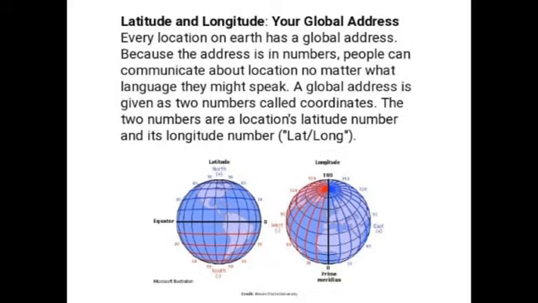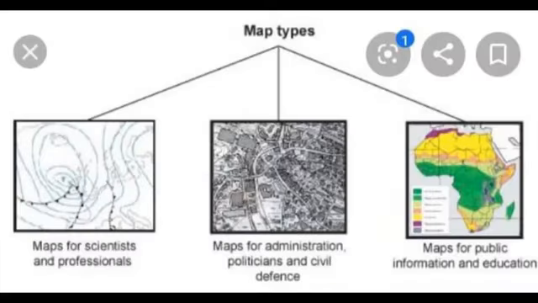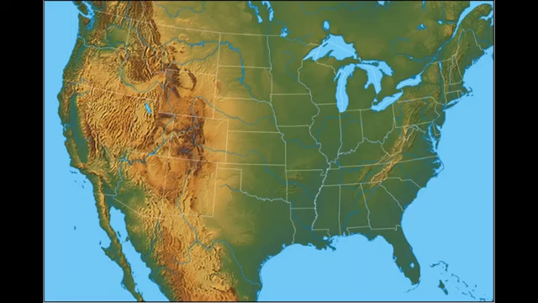Now, before knowing about latitude and longitude, you should know the kinds of map. There are three kinds of map: physical map, political map, and relief map. Physical is a map that shows hills, mountains, rivers, valleys, and other landforms.